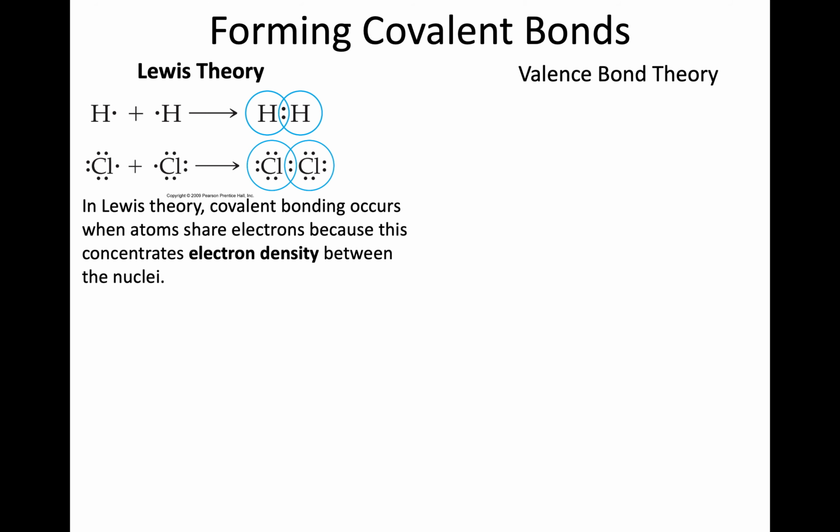Within Lewis theory, we are drawing these pictures and we are placing electrons between two atoms. In Lewis theory, covalent bonding occurs when the atoms are sharing electrons because we had electron density being found between the two nuclei, and a given electron could be attracted to protons in each atom.